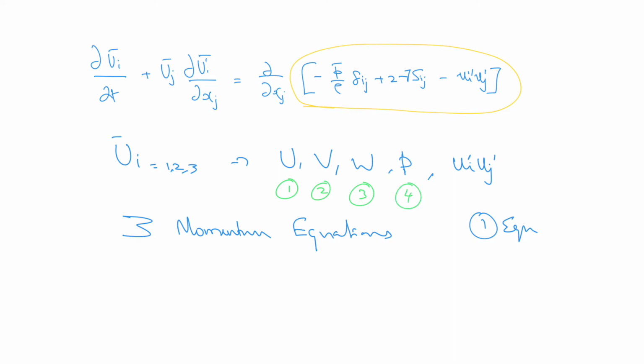So 4 unknowns and 4 equations at the previous level, before doing this Reynolds decomposition and Reynolds averaging, it is solvable. But once you do this Reynolds decomposition and Reynolds averaging, you get a new unknown. So it will be the 5th unknown. Still you have only these 3 averaged momentum equations and 1 averaged continuity equation. So 4 equations, 5 unknowns. We will not be able to solve the problem. That's where we call it the closure problem.